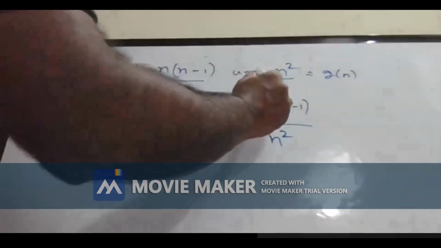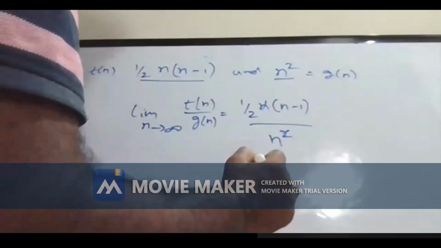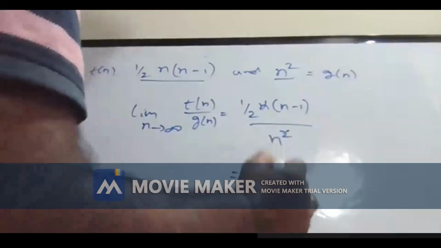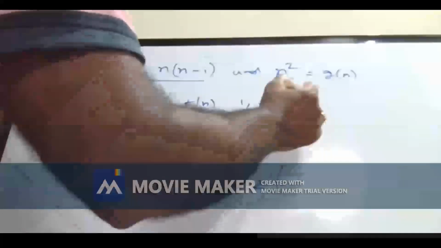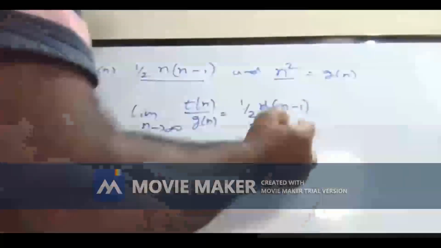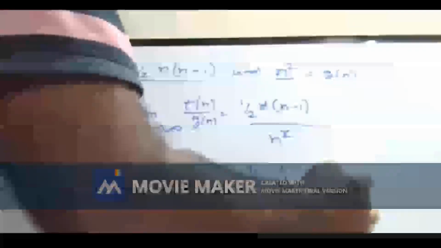So n will get cancelled. So you have 1 by 2 constant, and then here you are dividing the numerator by n. So you will have 1 minus 1 by n.